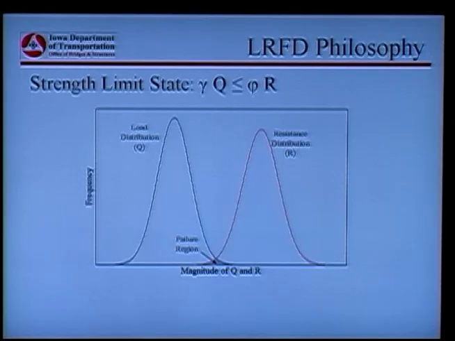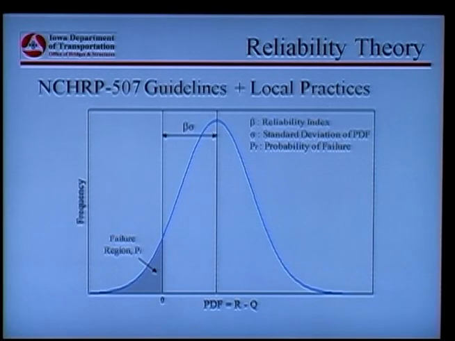All right, consider a possible failure in the system. If we combine these two distributions into one, you see on this graph that the x-axis is the difference between resistance and the load. So R is resistance, Q is the load. If you have resistance smaller than load, then the difference should be a negative value that falls below 0. Right?